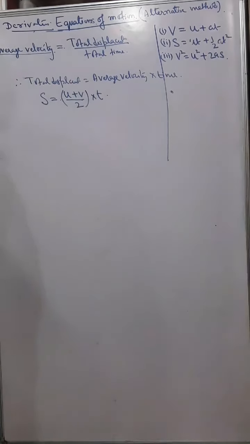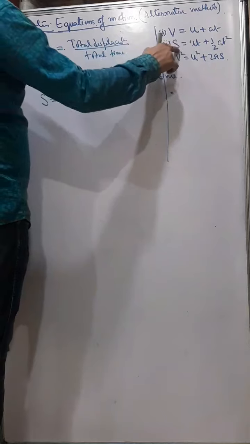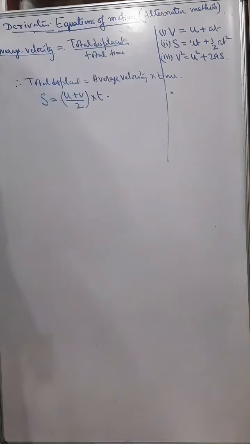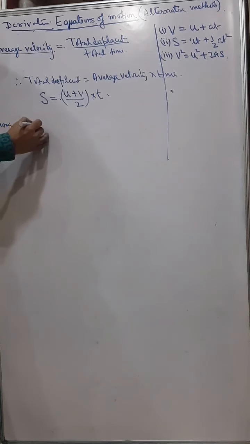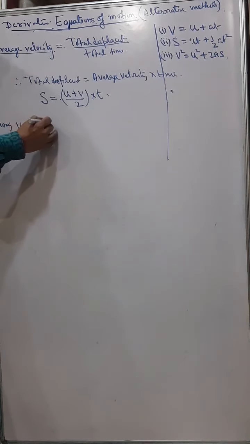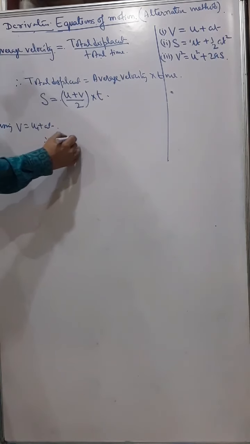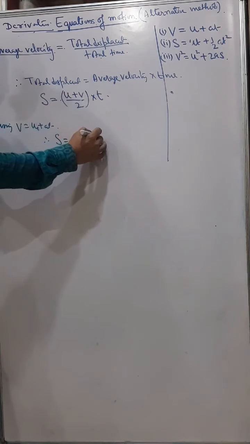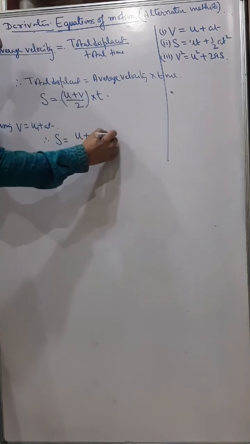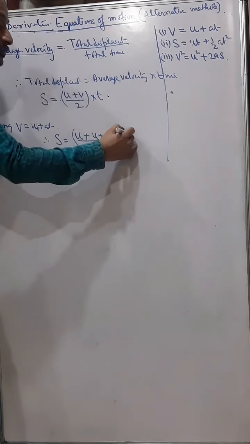But again, in the second equation, v is not there, so we can replace this v by using v equals u plus at, the first equation, and now s equals u plus, in place of v I can put u plus at, by 2, and that is into t.